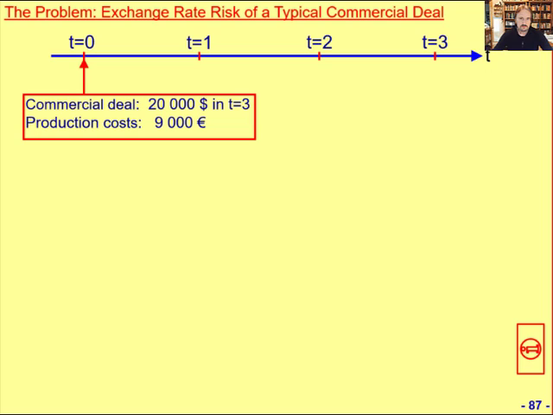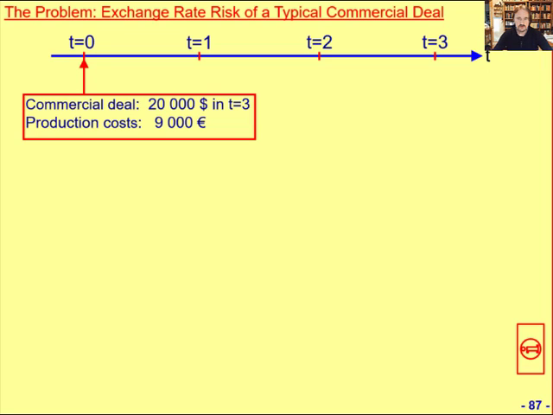Let's assume a European car producer sells a car to a client in the dollar area at the price of, let's say, $20,000, while the production costs for this car equal 9,000 euro.